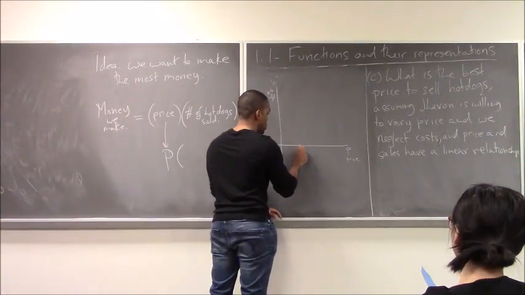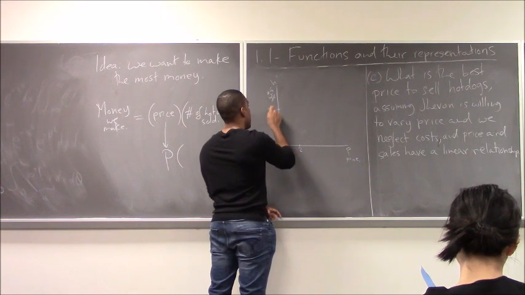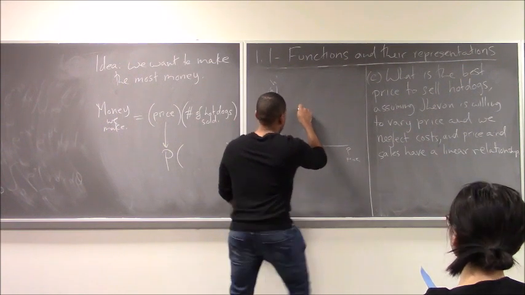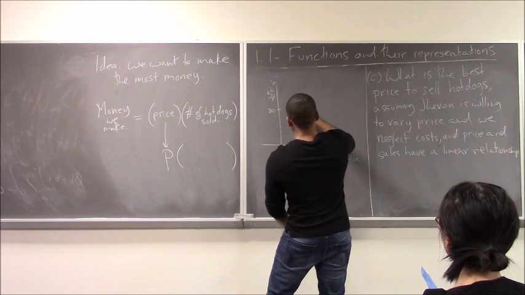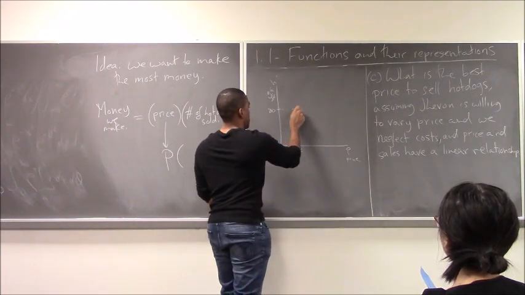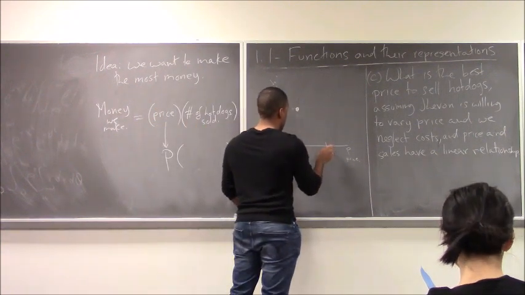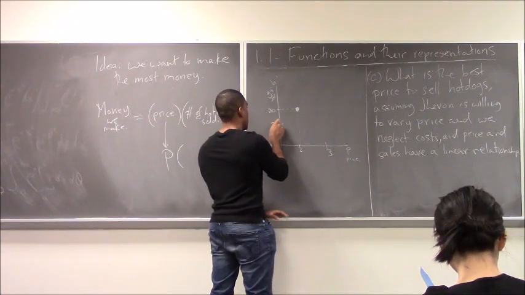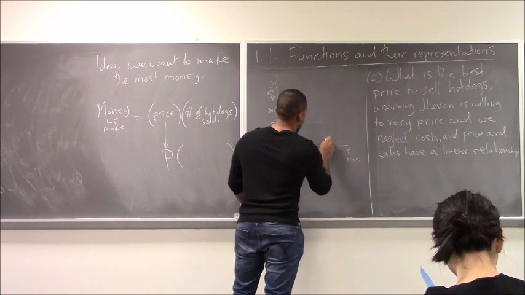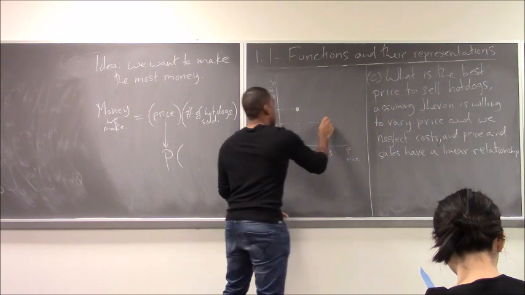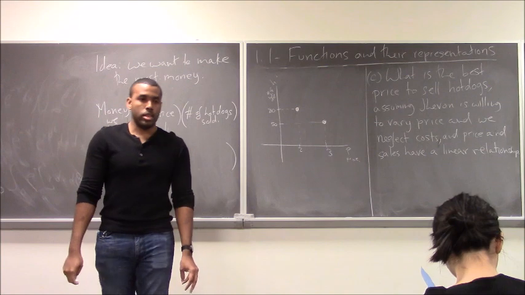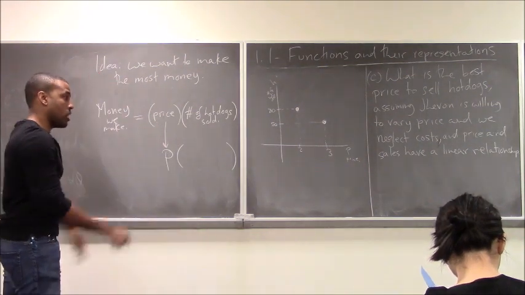If the price is 2, I will sell 80. I also know if the price is 3, I will sell 50. Okay, so that's what I started out with.